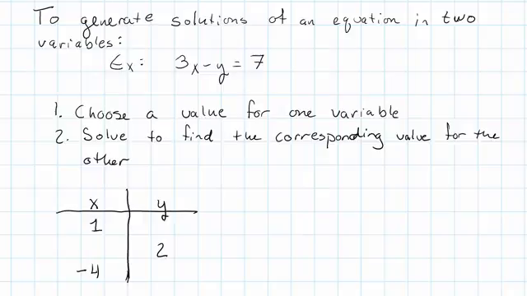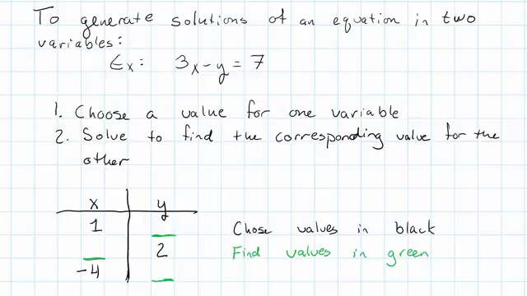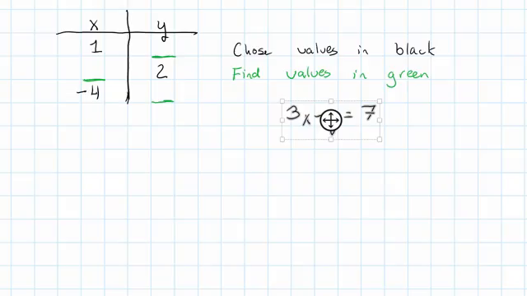These are just numbers that I came up with off the top of my head. And now I'm going to compute the corresponding values of the other variable. I'm going to copy my equation just to get myself a little bit more space. And just to keep track of my work, I'm going to label my rows A, B, and C.